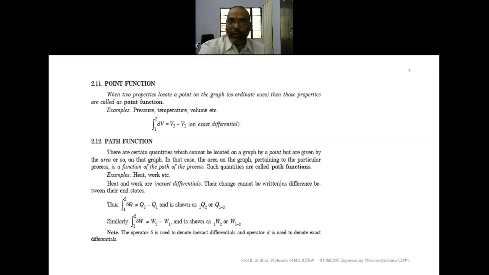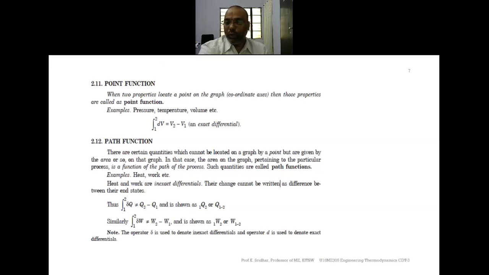I've already told you that a path function depends only on the path followed by the system. It is independent of the initial state as well as the final state. So you cannot write delta Q equals Q2 minus Q1, because it is an inexact or imperfect differential. Whereas point functions are exact or perfect differentials.